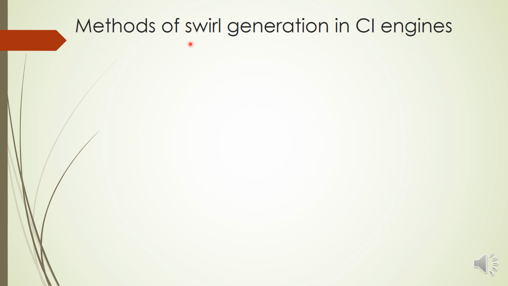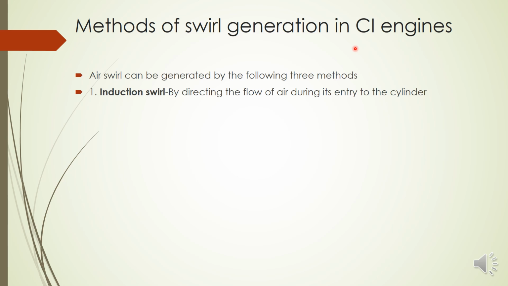Now what are the methods of swirl generation? How are we going to generate this orderly movement of air? We have three methods available. First one is induction swirl. What do we mean by induction swirl? Induction is another word used for suction. In this, the swirl is created by directing the air during its entry into the cylinder itself.